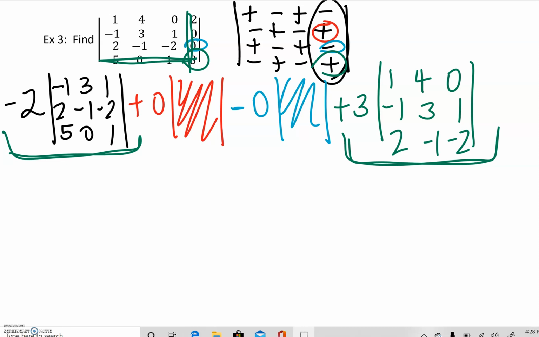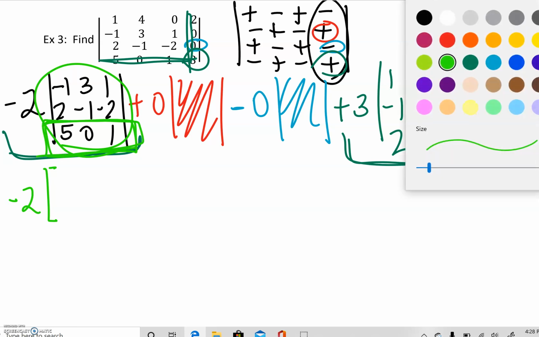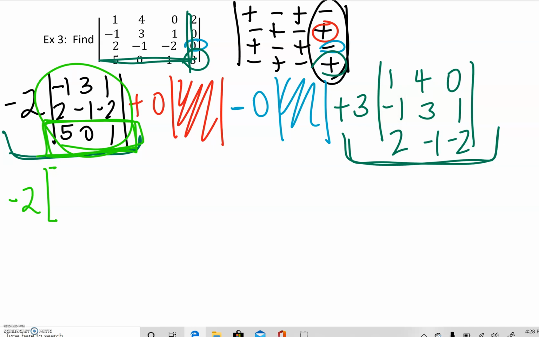So I'm going to be doing negative 2 times, and then I'm going to have to do a little work here. So I can choose any row or any column from this right here. I'm going to choose this row because it has that 0 in it. And if you refer to the pattern on the previous page, you'll find that it starts off with a plus right here.